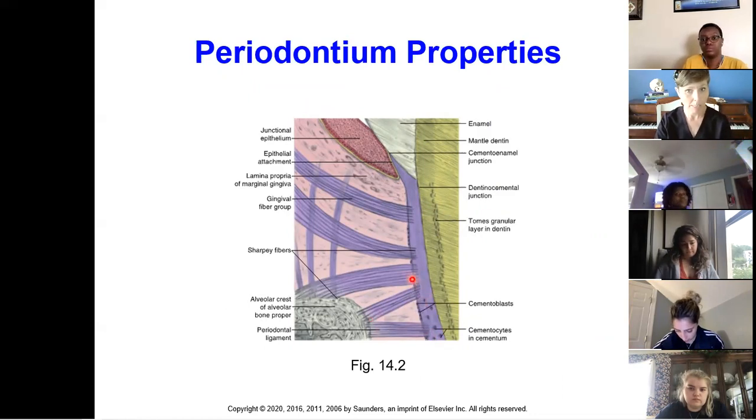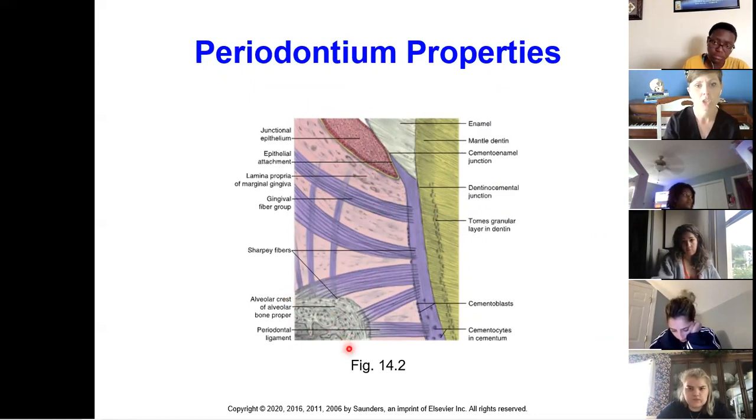These are our periodontal ligaments, which we will talk more about towards the end of this lecture. This is your lamina propria of the gingival margin, your junctional epithelium, your alveolar crest right here, okay? Sharpey's fibers, don't forget, go in there, okay?